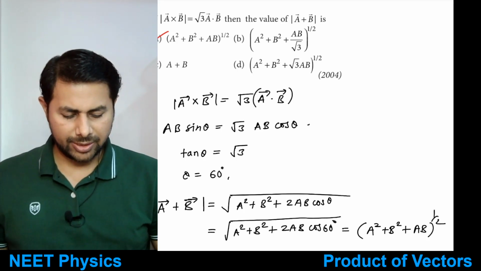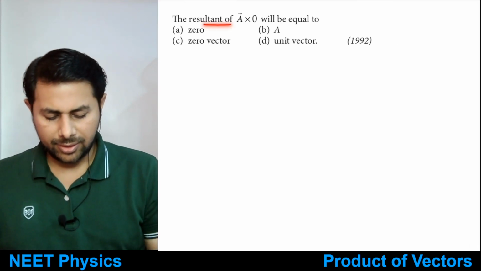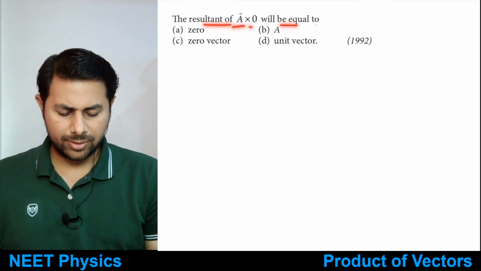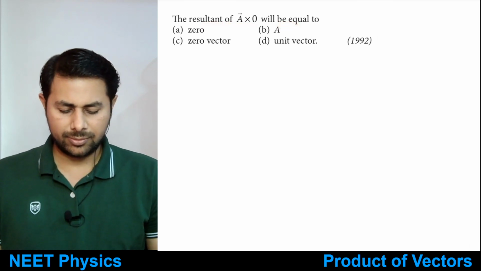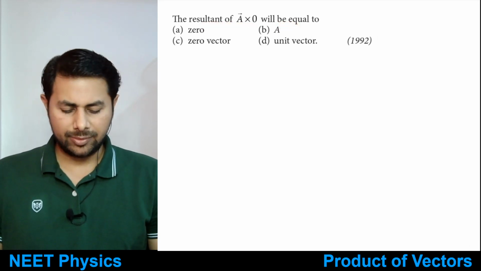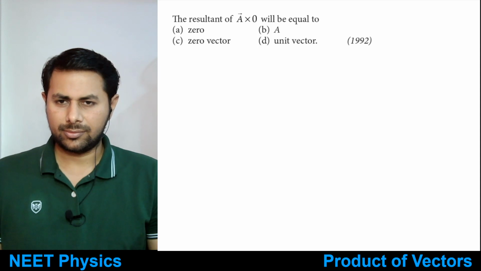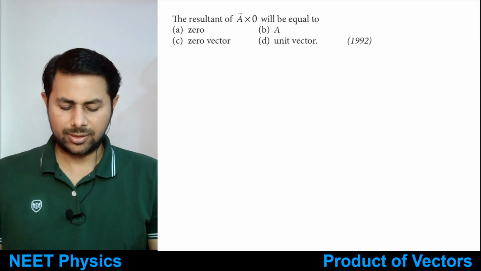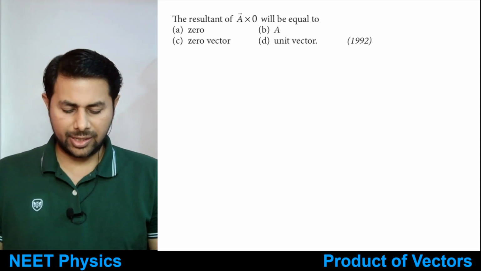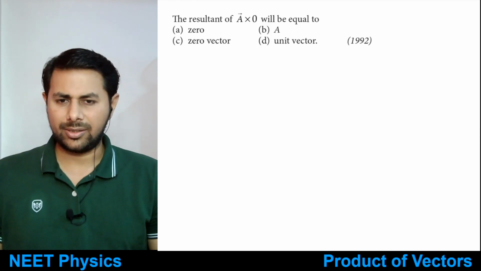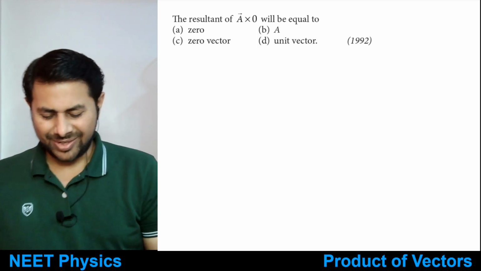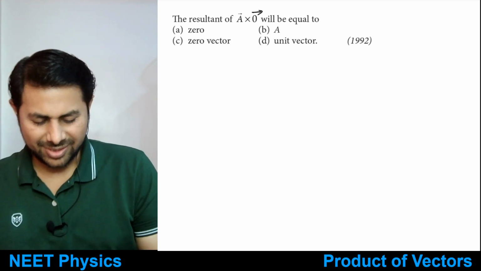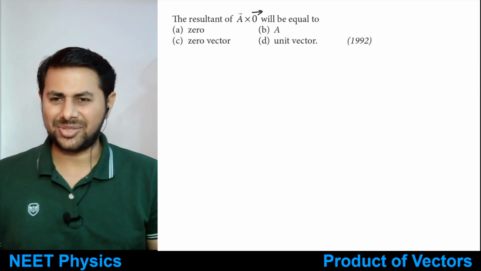Okay, let's see the next one. The resultant of A bar cross 0 will be equal to, tell me, is it 0? Is it A? Is it 0 vector? It's a unit vector. Okay, but if they had written a vector over here, then it is 0 vector.